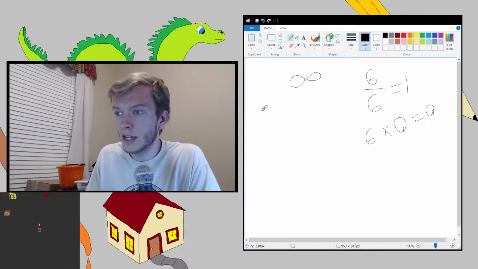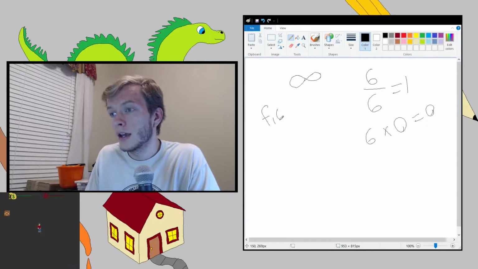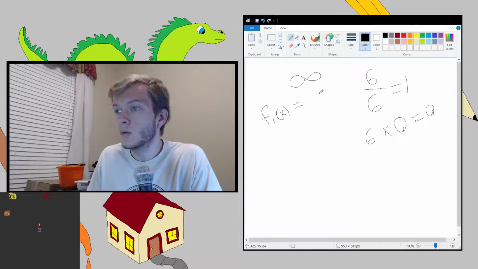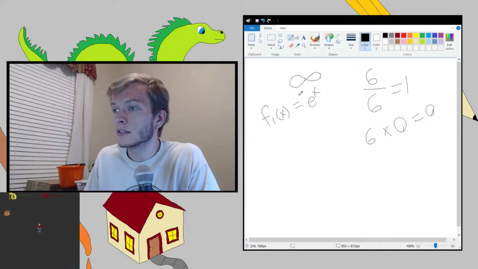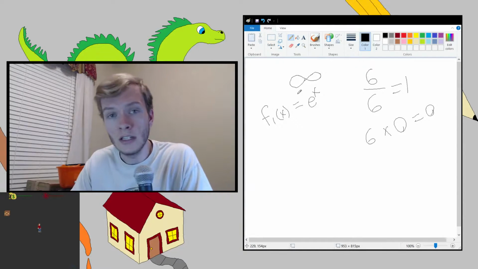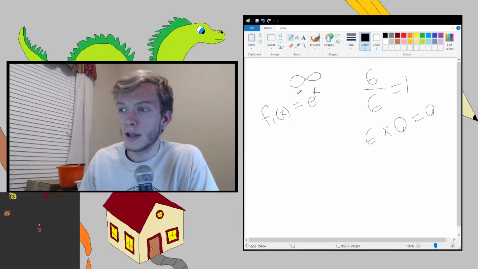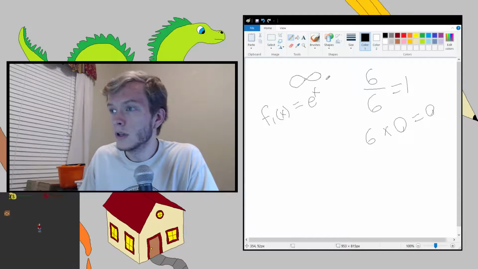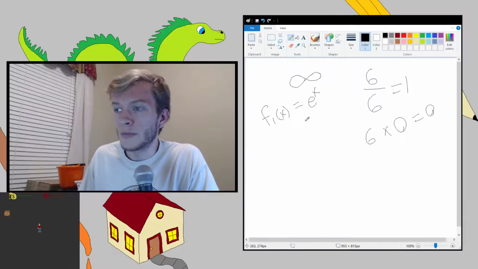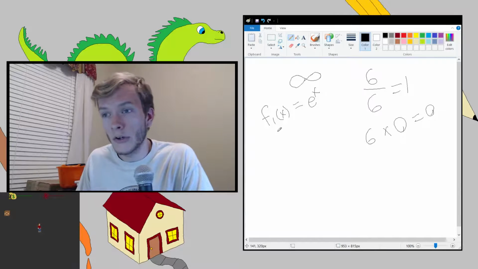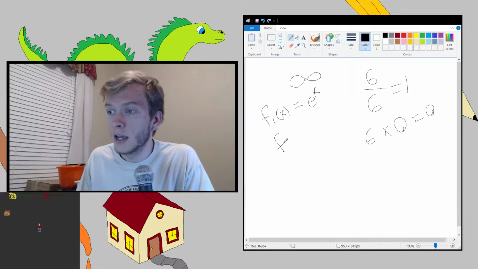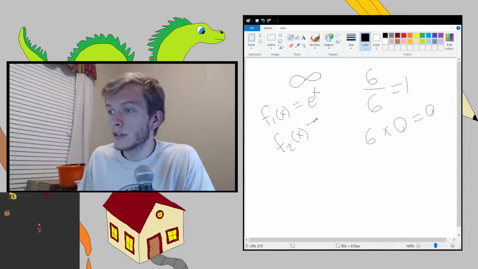We can take function 1 of x to equal e to the x. That's just an exponential, e being the Euler number, but it isn't specifically important that it's e. It could be 2 if you wanted it to be. I'm just doing this because it's a pretty common function in mathematics. And we'll say function 2 is going to be x squared.